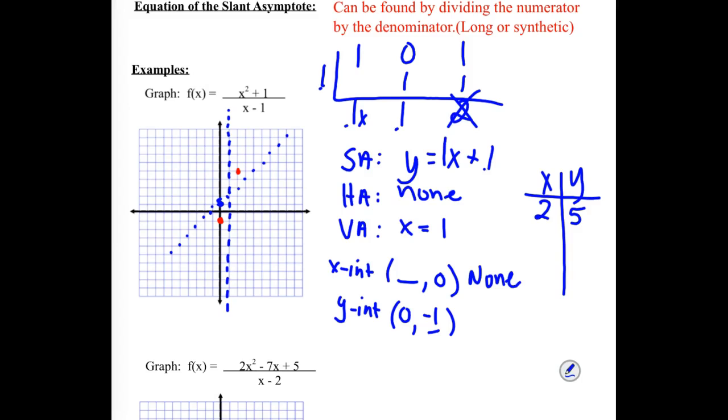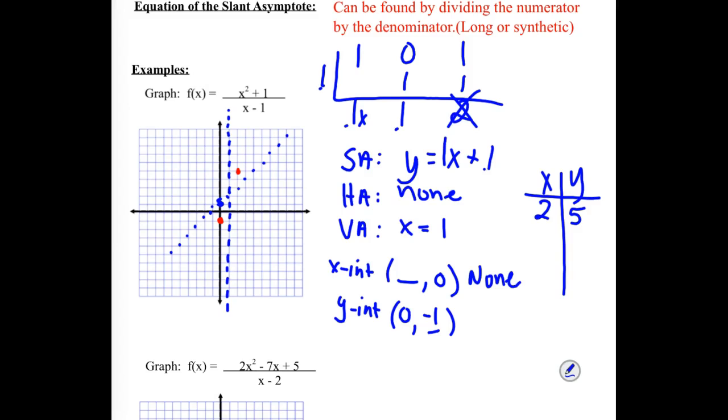Now, you can plot some more points. When you have a slant asymptote like this, there are 2 typical graphs that you're going to see. One of them has the branches inside the 2 asymptotes.